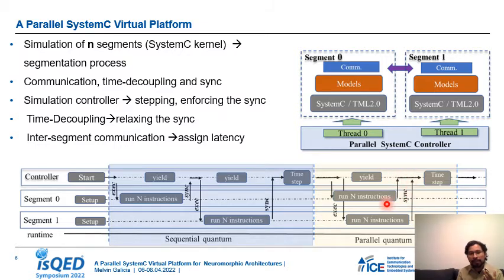But because we are using time decoupling, it can happen that one segment will finish much faster than the other because it doesn't need to run as many or any instructions, but the other segment has to. So the time decoupling technique consists in allowing one of the segments to go ahead in time until a certain time latency is exceeded, and then the controller will stop it and enforce the synchronization.